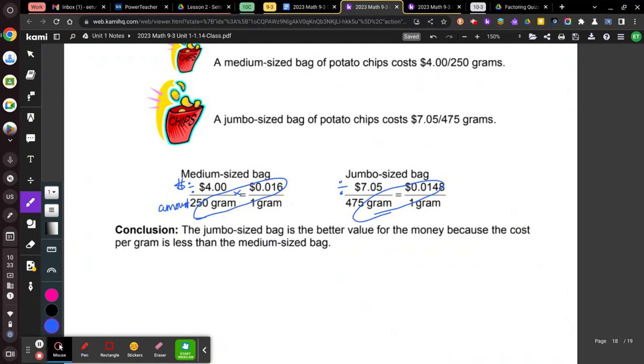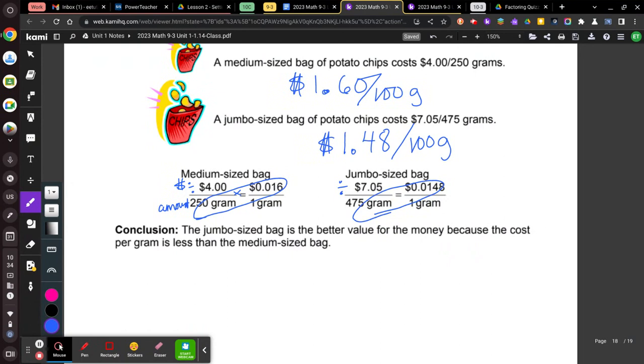So we end up with, that was 100. So we're going to end up with this one being $1.60 for 100 grams. And this one ends up being $1.48 for 100 grams.